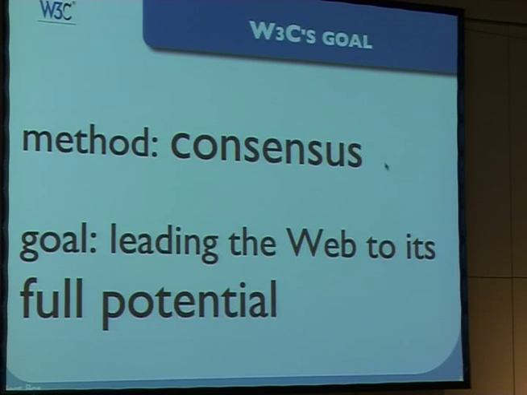Consensus doesn't mean that everybody thinks it's a good idea, but it means at least that nobody disagrees anymore. Sometimes we say the magic word is, "I can live with it." So when you reach a point in the discussions where the last objectors say, okay, I can live with this, then we know we have something that we can promote to a standard.